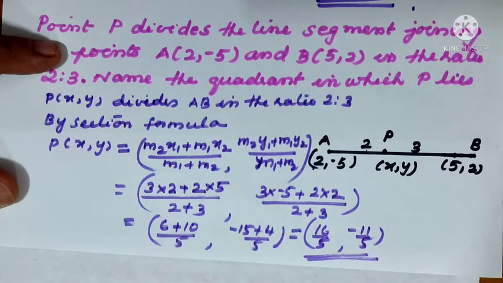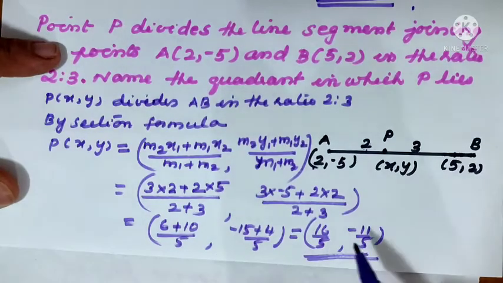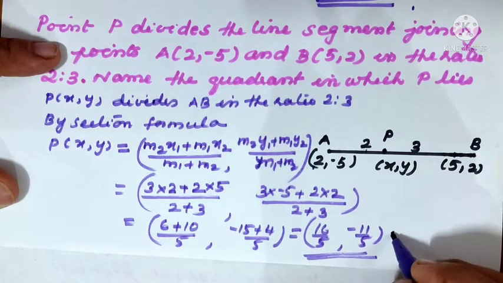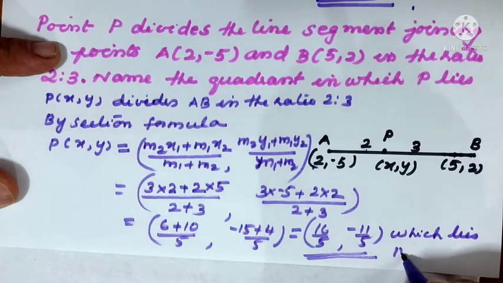So the coordinates are 16 by 5 and minus 11 by 5. Now the question also asks which quadrant. Because the x coordinate is positive and the y value is negative, it lies in the fourth quadrant.